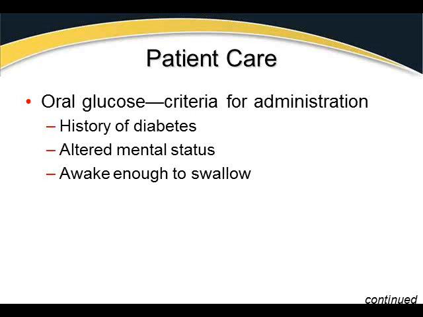We may give them a cookie or a candy bar or even some juice that has some sugar in it that will allow them to get some quick sugar into their body. So if they have a history of diabetes, they have an altered mental status, but yet are awake enough to swallow and maintain their own airway, then something oral is a possibility for these people.